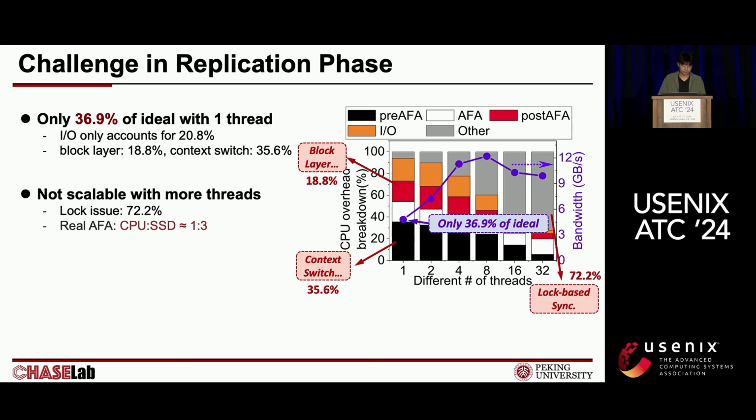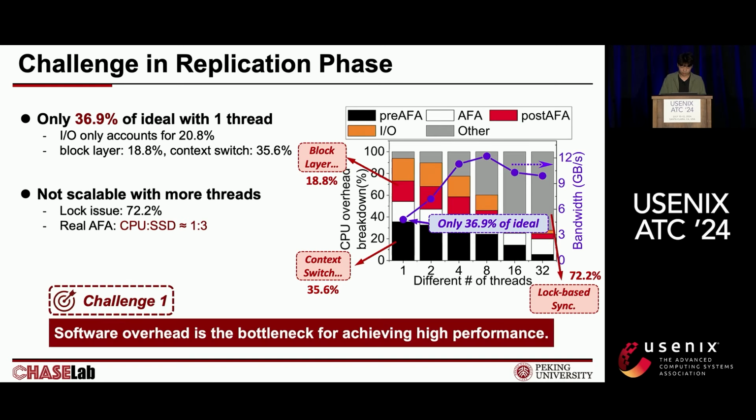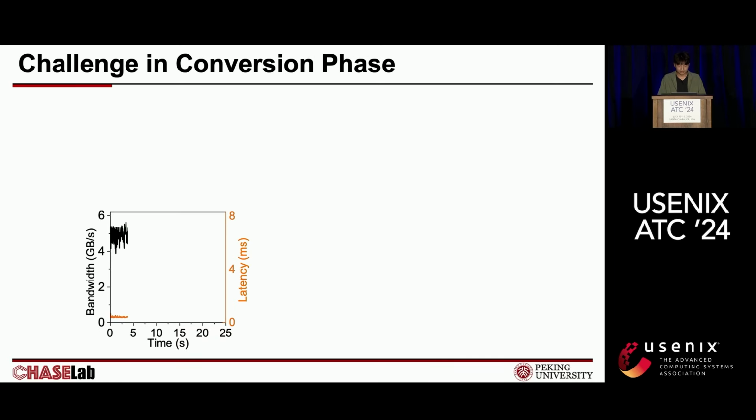In fact, we don't even have that many CPU threads available in real AFA products, as the CPU thread to SSD ratio is usually 1:3. All in all, the software overhead imposed by the tedious storage stack has become the bottleneck for achieving high performance with limited CPU resources.